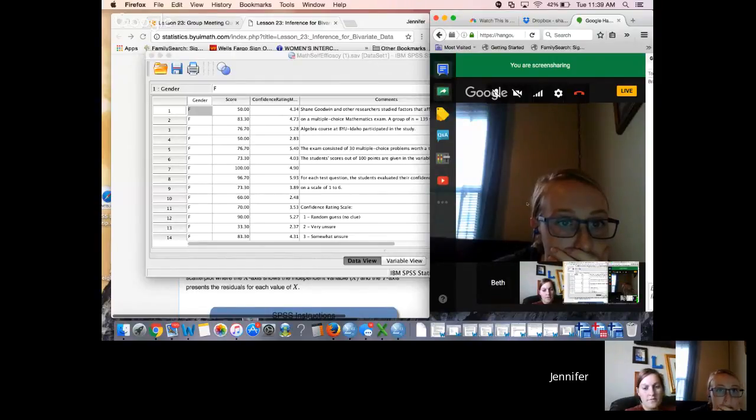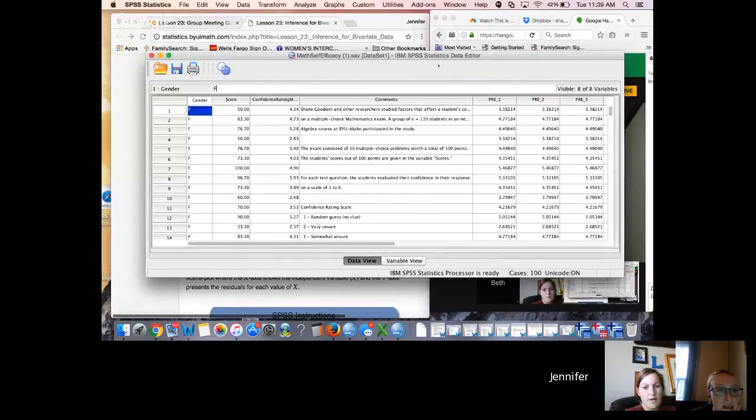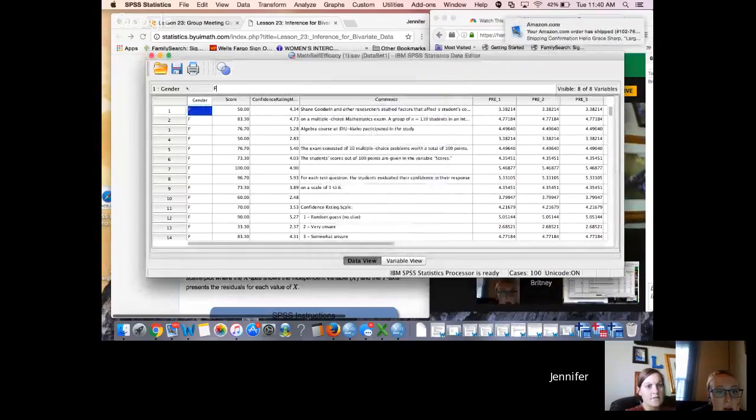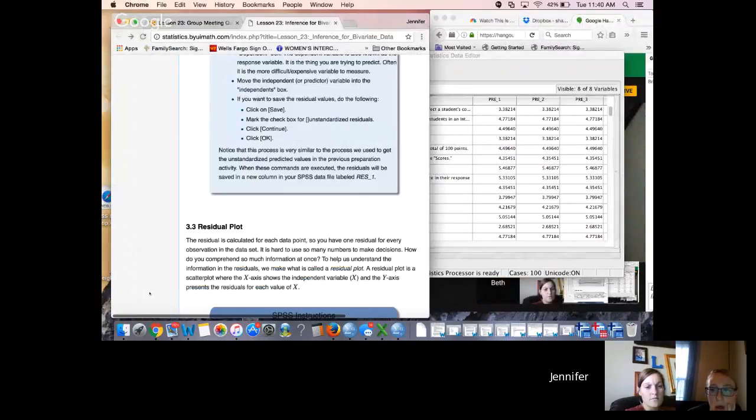What's going on? What did you guys switch? The dependent and the independent. Okay, it's gotta be what our problem is. All right, so it says that the slope is 12.695. Let's try it.